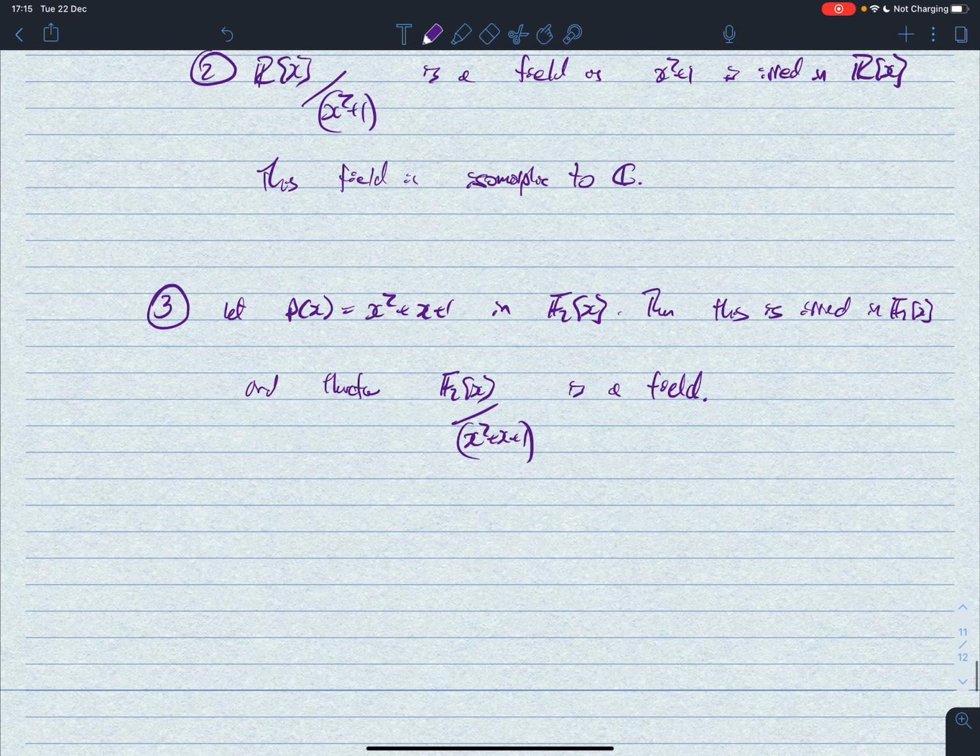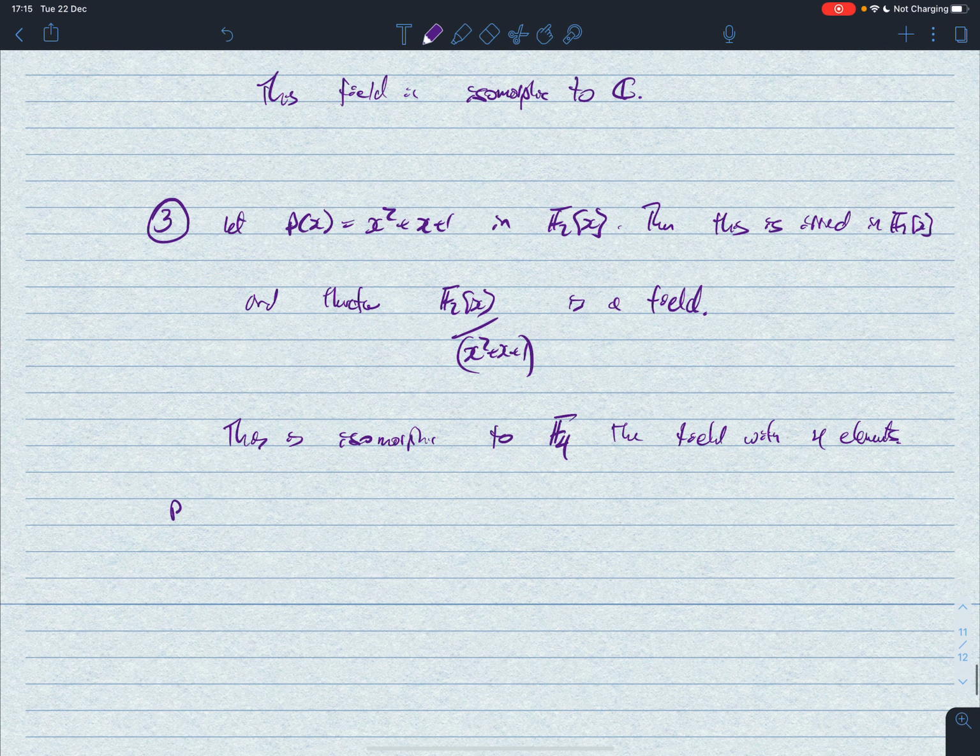I'll leave it as an exercise to check that this thing is a field. But this is isomorphic to the field with 4 elements, which is maybe what's called F4.